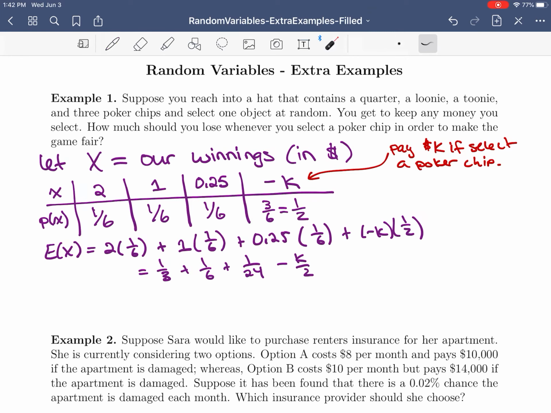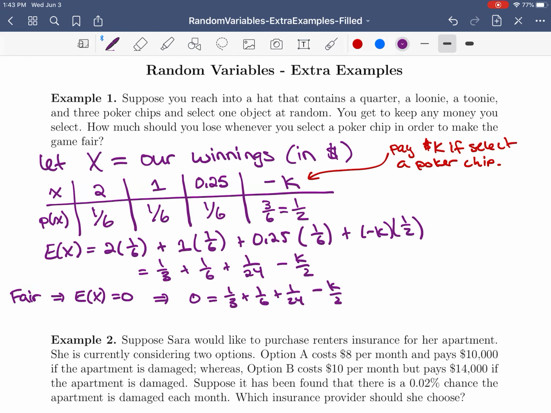Now we want the game to be fair. Fairness means that we want the expected value to be 0. So I need 0 to equal 1/3 plus 1 over 6 plus 1 over 24 minus K over 2.